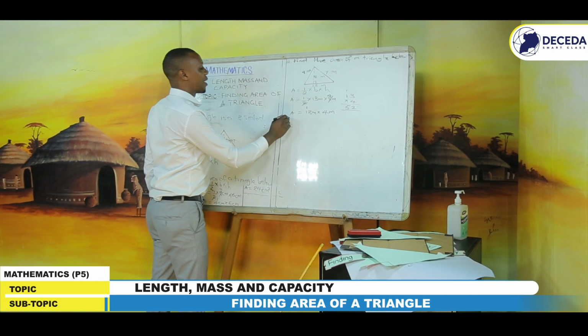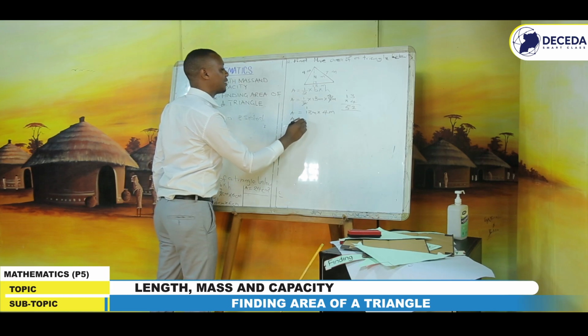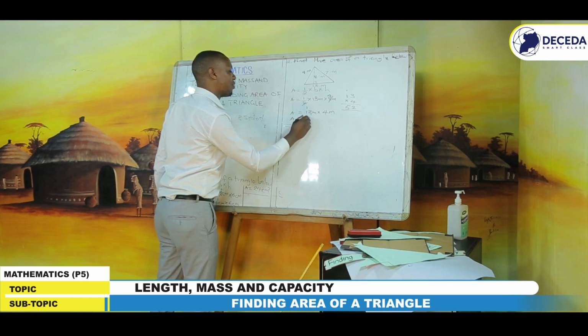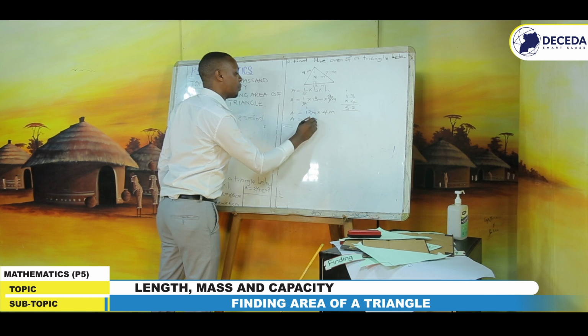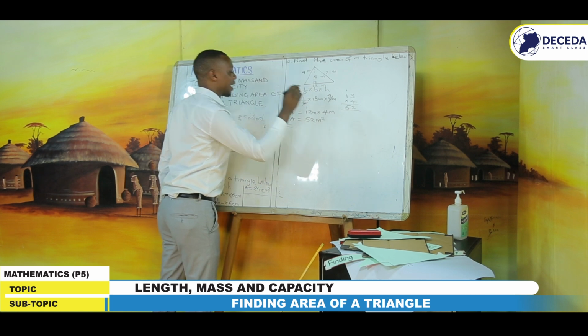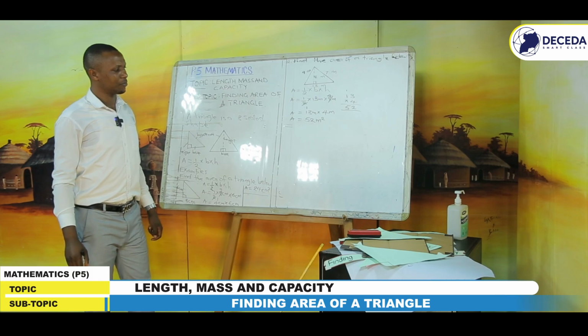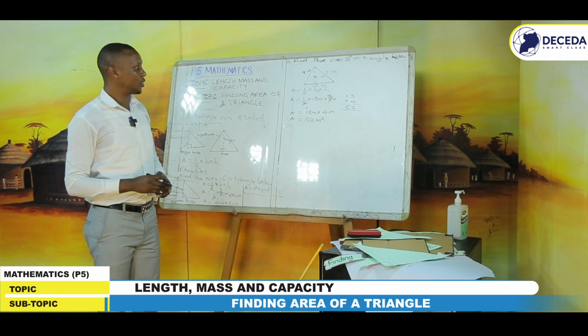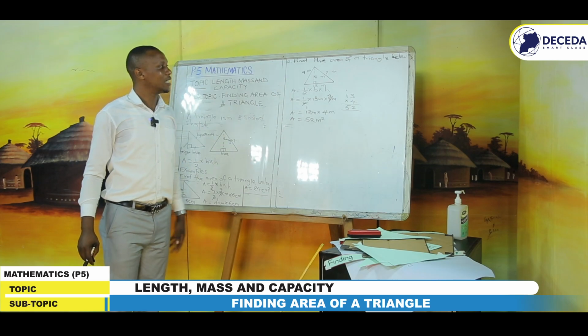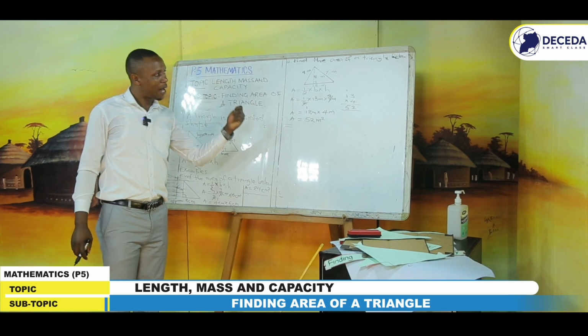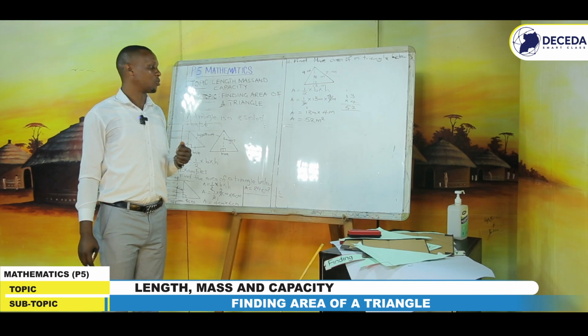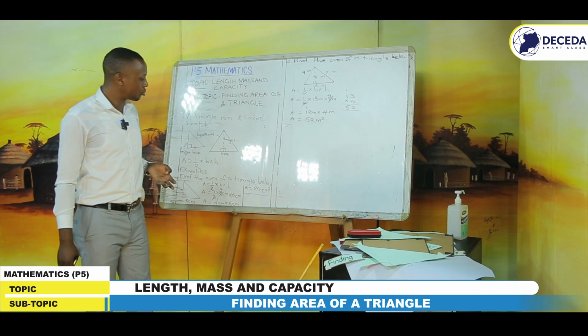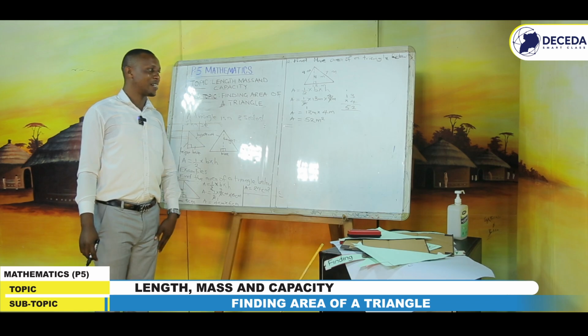Therefore, here we are having area as 52 meters squared. So here we have maintained the units which we found on the triangle given. That's why I'm ending up with 52 meters squared.